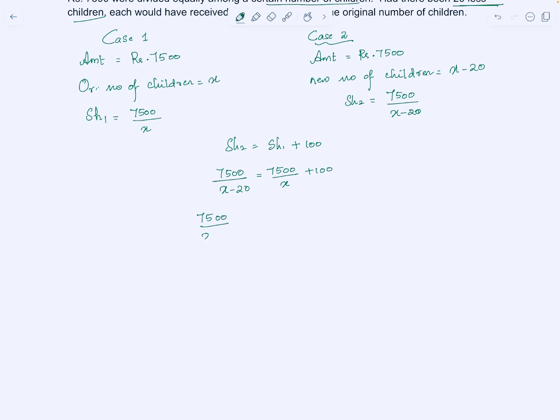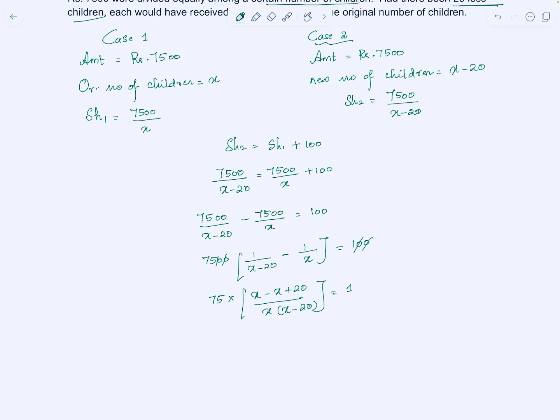Taking the terms containing x on one side, 7,500 is common in both the terms on the LHS. So taking that out, we are left with 1 upon x minus 20 minus 1 upon x within bracket is equal to 100. 75 times x minus x plus 20 upon x into x minus 20 is 1.